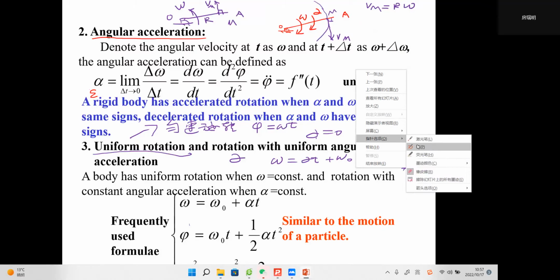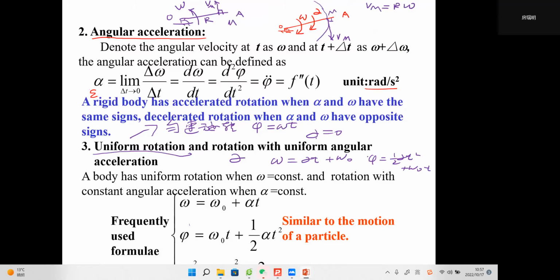Do you still remember we talked about natural coordinates? This AM will equal the tangent part along the tau direction plus AN along the N direction.